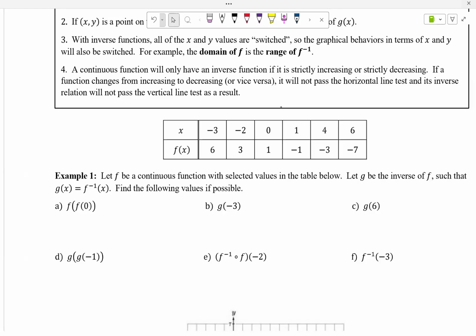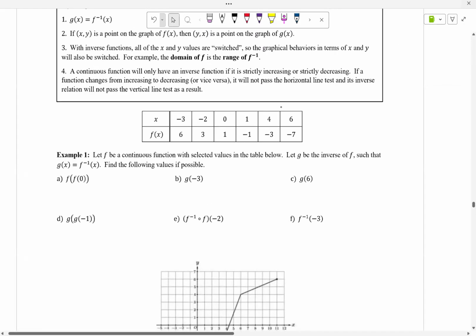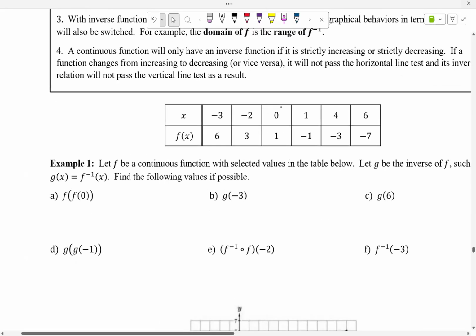Make sure your neighbors get the same thing you are. So you're really tickling my brain. Negative... and negative 3. Wait, but how do you... F of negative 2.